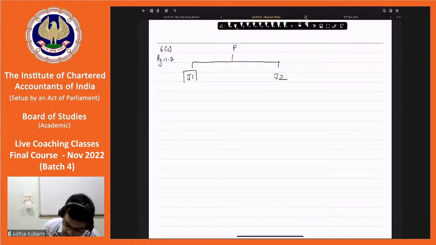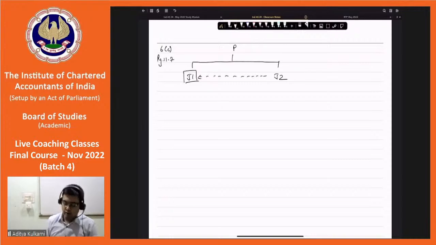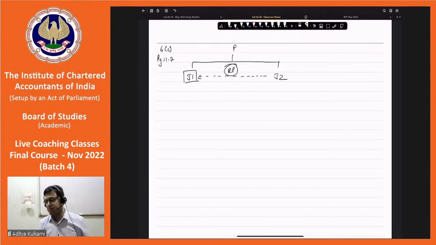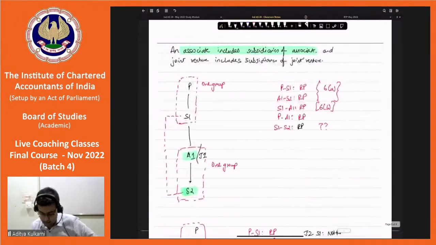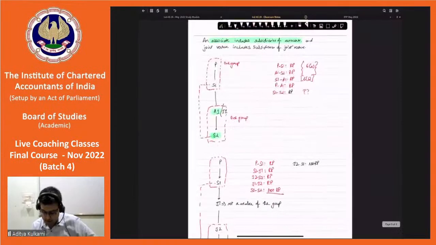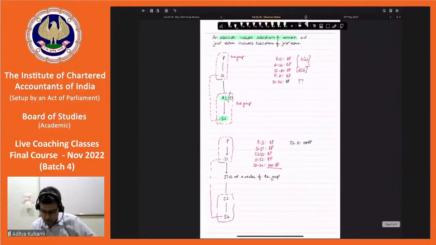You are preparing J1's balance sheet. Is J2 related to J1? Answer is yes. By virtue of 6C. Previous page, take this. I hope it's clear.